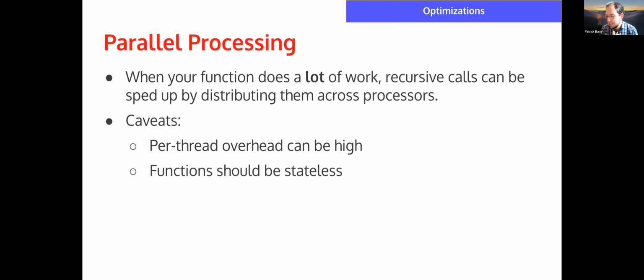So how exactly do you distribute threads and processes across processors? That is going to depend on your language and environment. Some languages are going to be much better at this than others. Like if you've taken a look at Go, they make a lot of choices in how they design the language to take advantage of multiple processors.